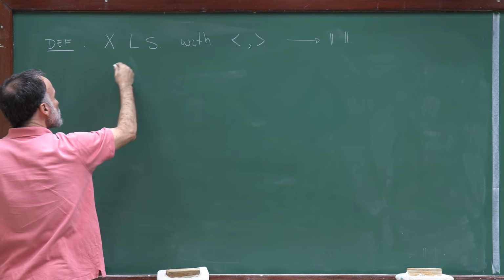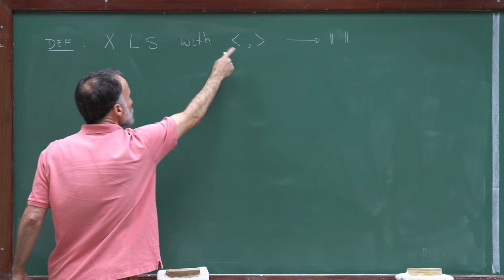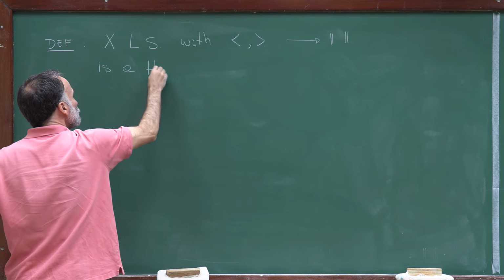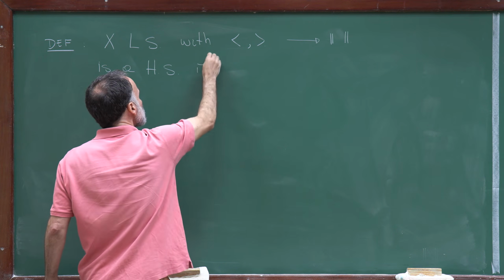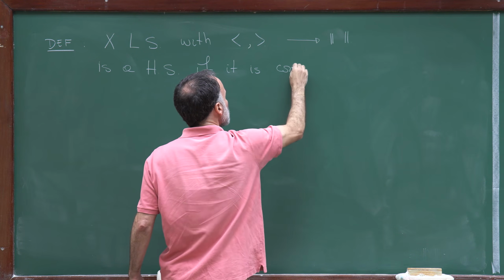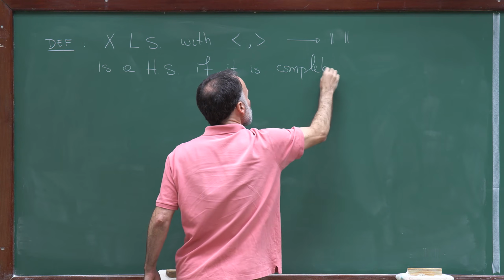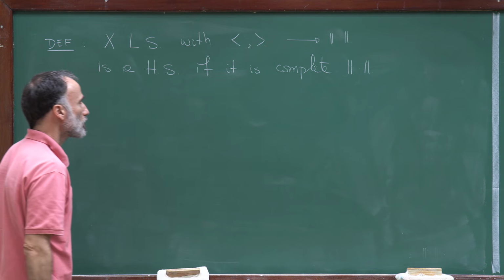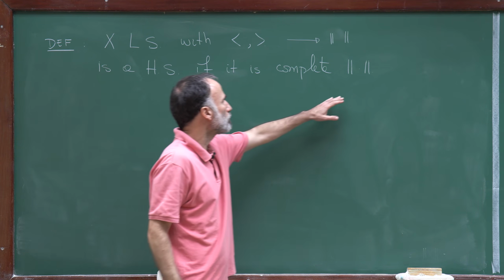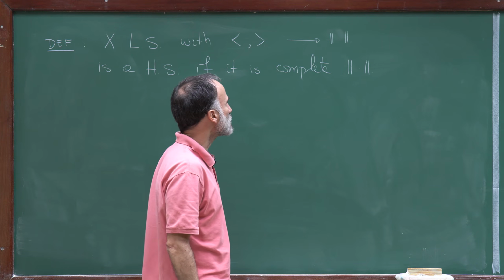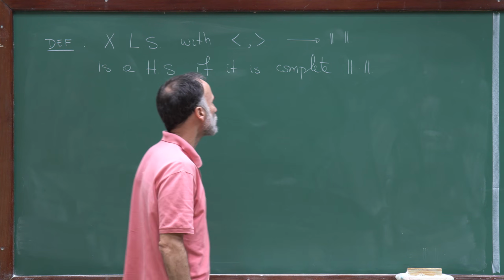So this linear space, which is endowed with this scalar product, is a Hilbert space if it is complete with respect to the norm. And complete with respect to the norm, I remind you, is that any Cauchy sequence with respect to that norm converges.